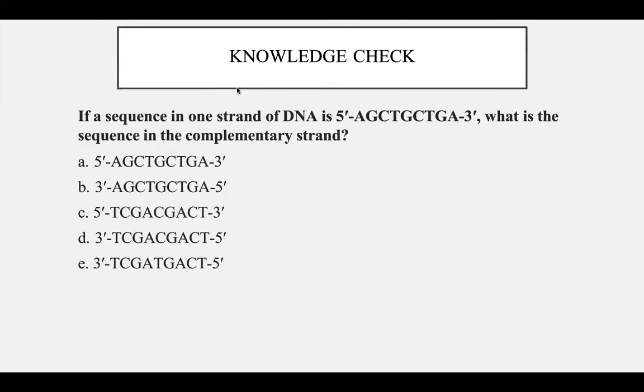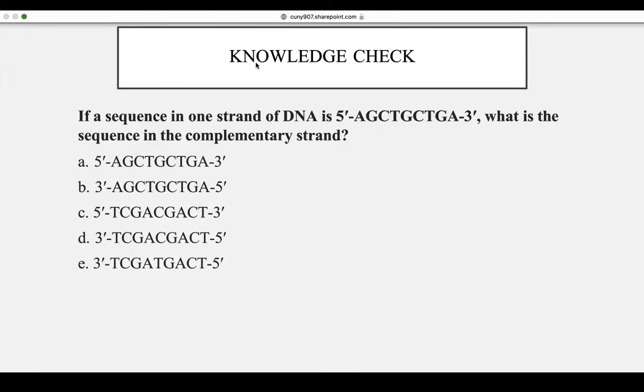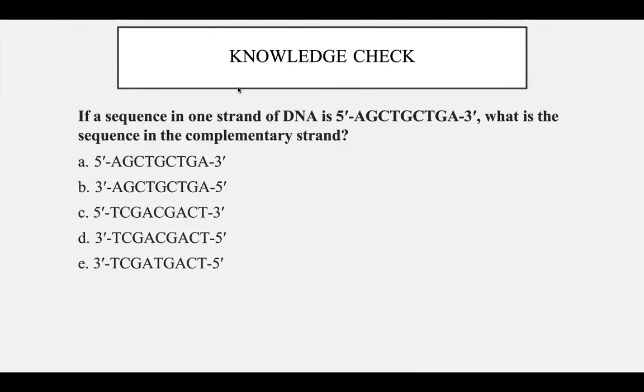Everyone got it correct. The correct answer is D. In previous semesters, when I asked this question, a lot of students would select, I believe, C, but the correct answer is D because, as you mentioned, in order to find the complementary strand, you just do the opposite of whatever is in the strand. And because in this DNA the direction is from 5 prime to 3 prime, the complementary strand would be in the opposite direction, 3 prime to 5 prime. Great job. Everyone got it correct. The correct answer is D.